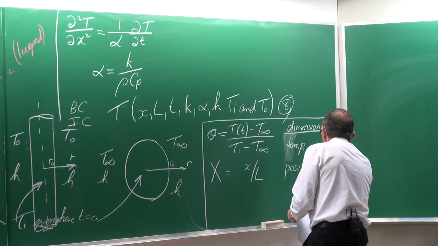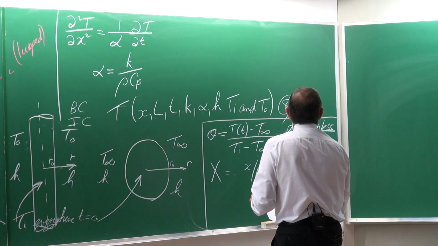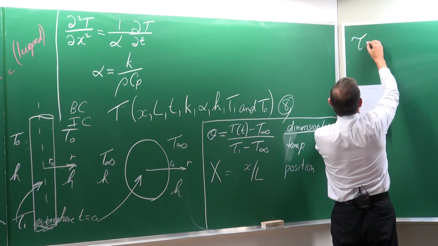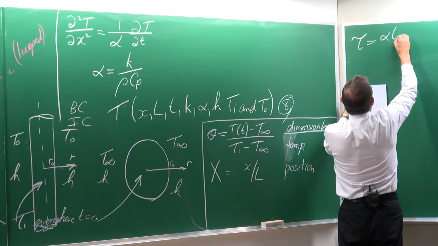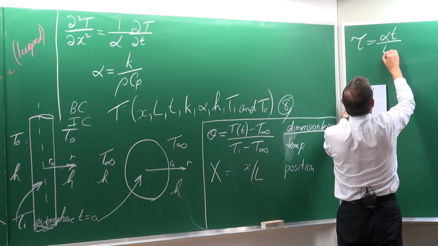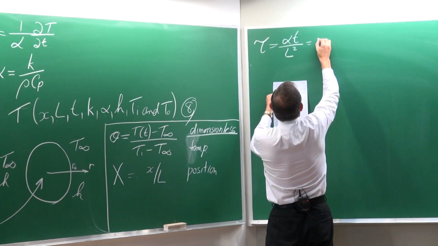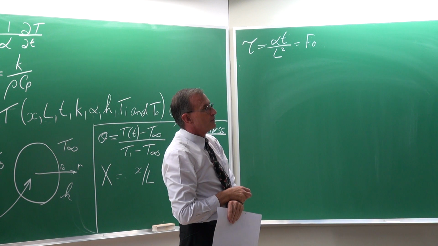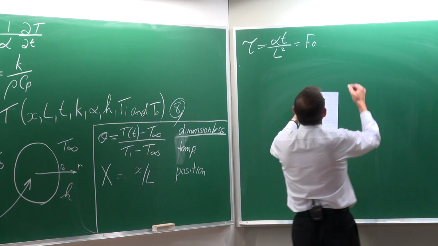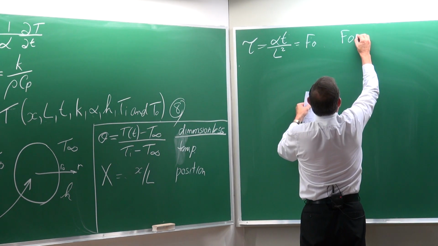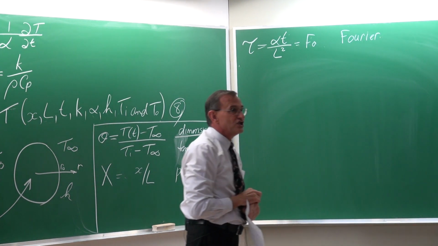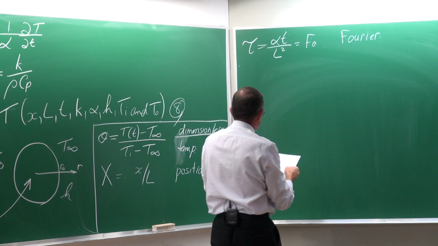Then we have the Fourier number, which is written as tau, which is equal to alpha t divided by L squared, and can be written as tau or F0, the Fourier number. And that gives us an indication of the non-dimensionalized time.